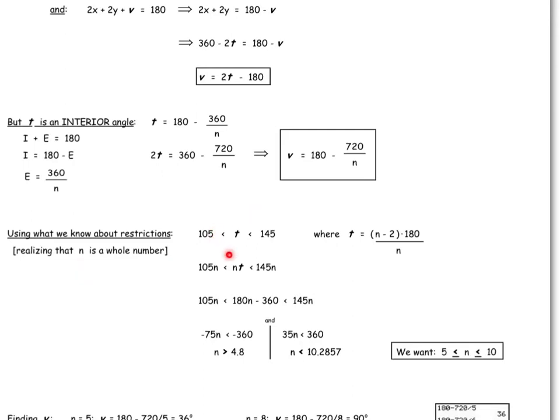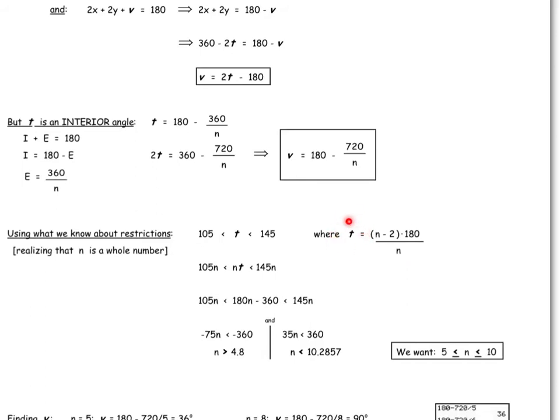If we put t between 105 and 145, which are the restrictions from page 1, and we know that t is equal to n minus 2 times 180 divided by n, and we wanted to get n involved here, so that's why we use this formula. The top of the formula is the sum of all the angles in an equiangular, in any polygon actually, and because it's equiangular, we could divide it by n to find out how many degrees are in each angle.